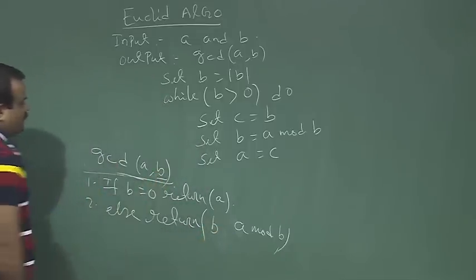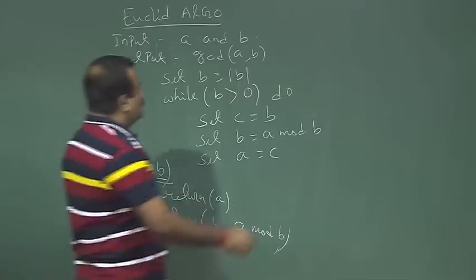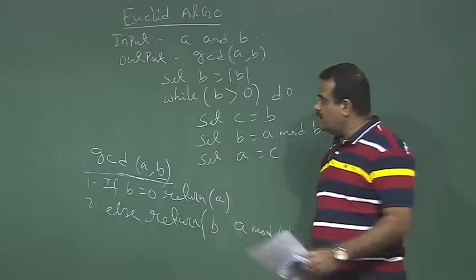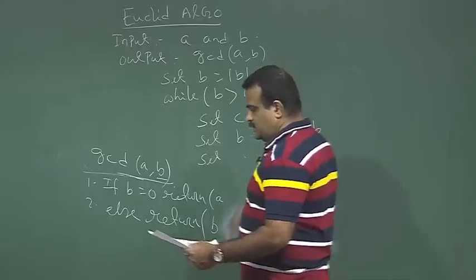So, this is the recursive call, and it comes from that theorem that GCD of a, b is equal to GCD of b comma a mod b. Okay.